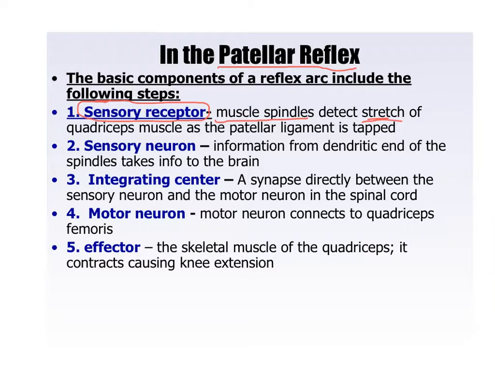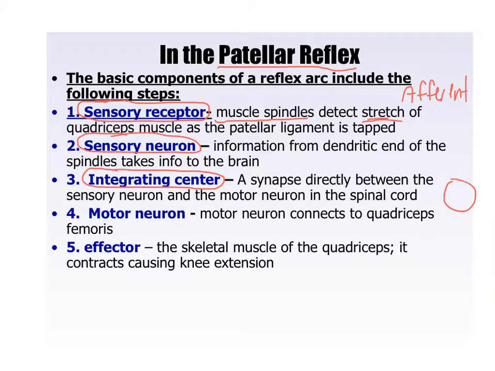Well, that information is sent to a sensory neuron or an afferent neuron. Remember, these guys work by sending an action potential. If they're stimulated enough, they'll send an action potential to the spinal cord. That's the integrating center. That's what's going to make the decision here. And remember, sensory information comes in.